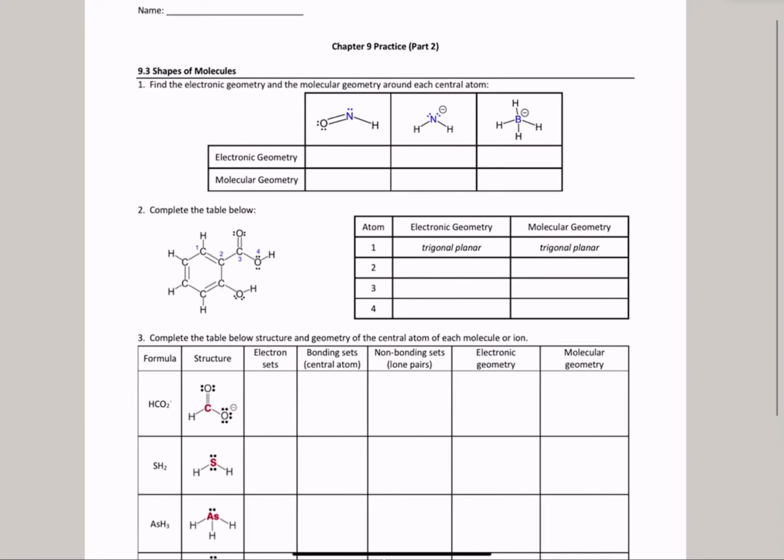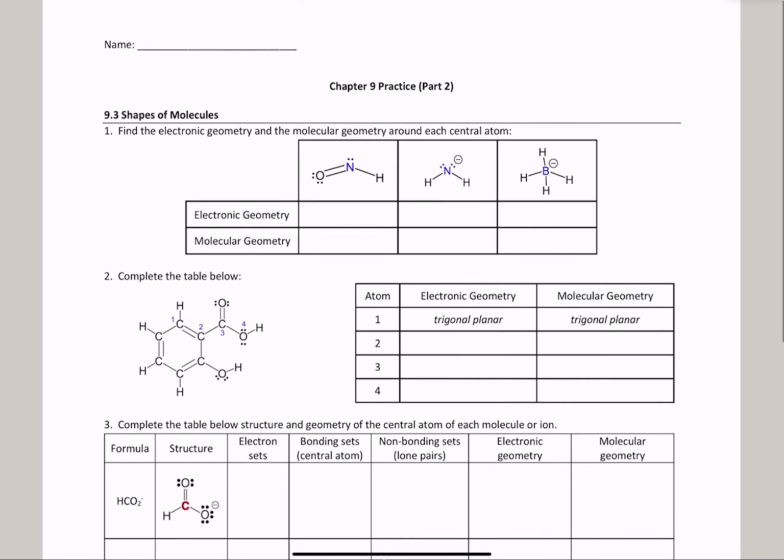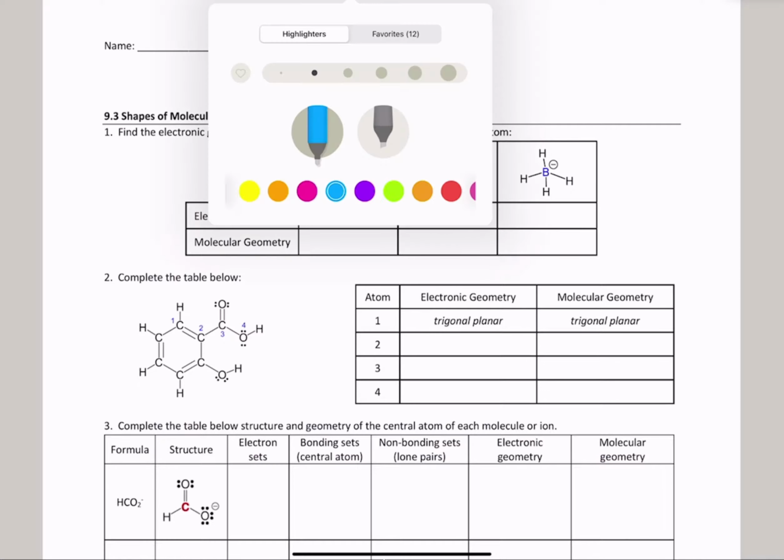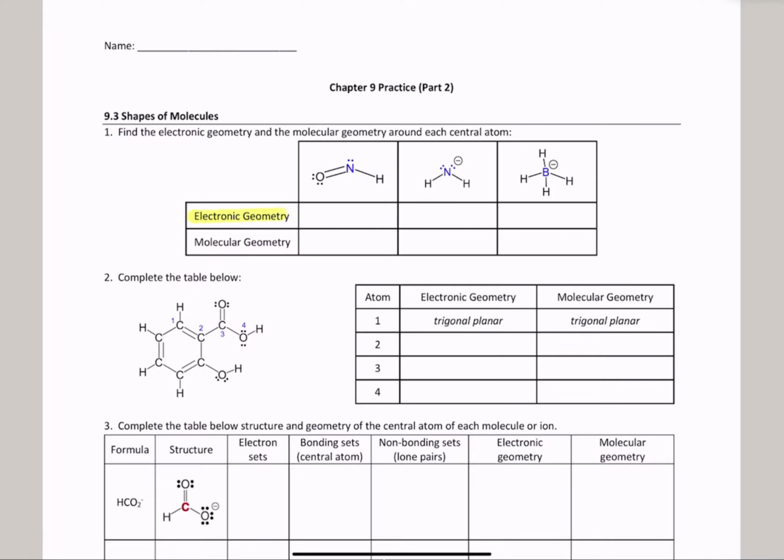We are asked to find the shapes of the molecules. So let's look at the first molecule here. In problem 1, we need to find the electronic geometry. This is solely based on the number of electron groups that we have. The first molecule has 1, 2, 3 electron groups. So if I have 3 electron groups, then my electronic geometry is trigonal planar.